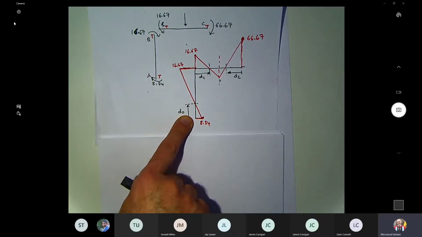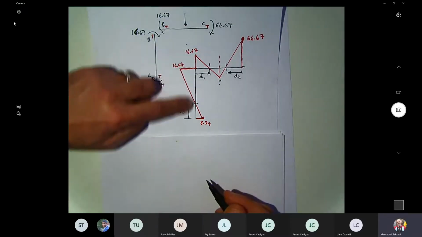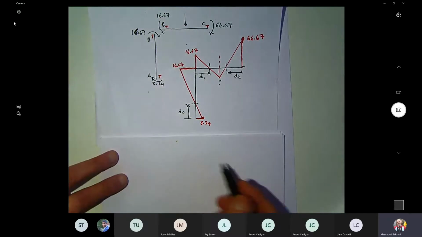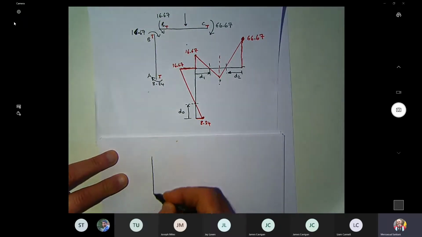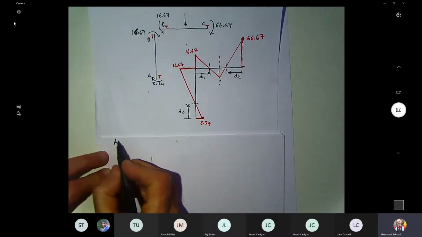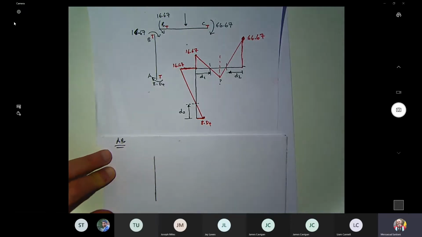Or what's the other way? Do you know similar triangles? Have you heard of similar triangles? Yes? So let's take this member here. Can you see this member AB? So let's start with member AB, okay?